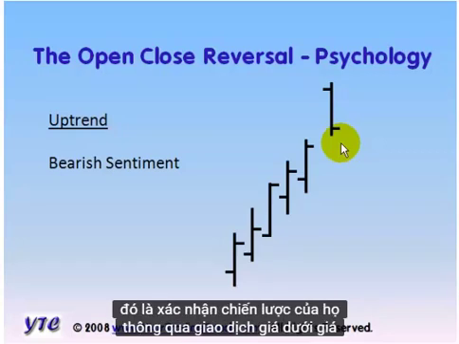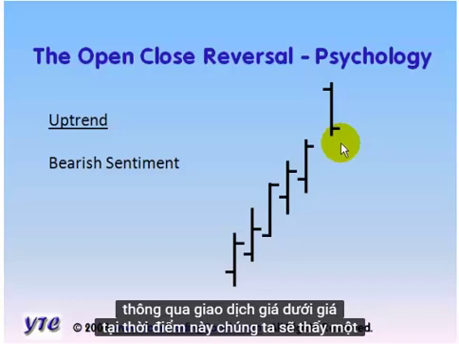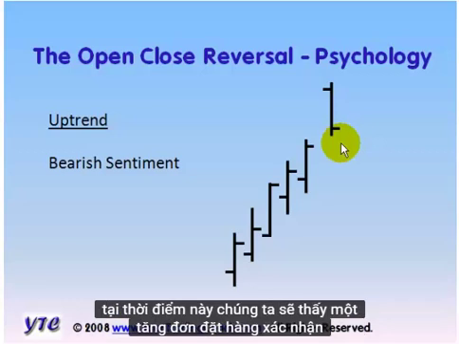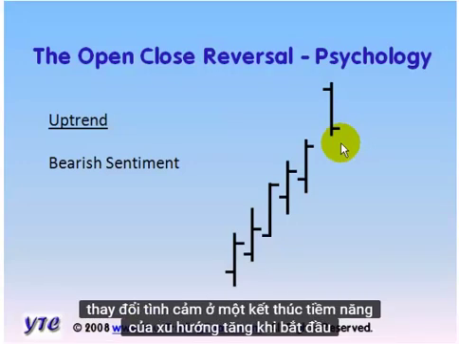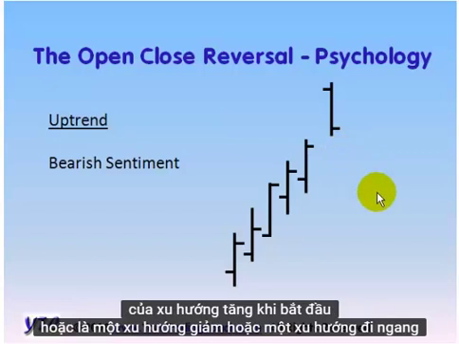Confirmation through price trading below the price bar at this point will see a further increase in sell orders, confirming the change of sentiment and a potential end of the uptrend and commencement of either a downtrend or a sideways trend.